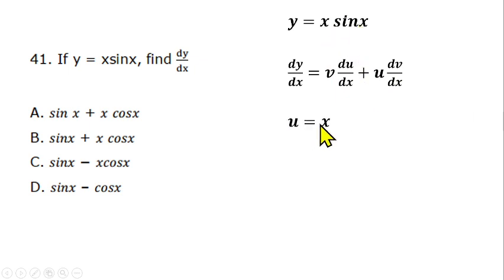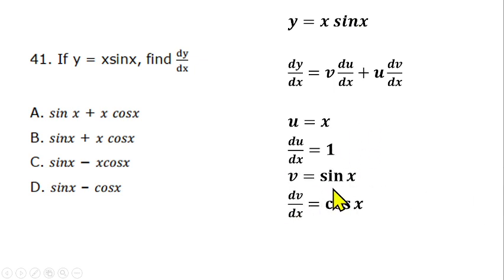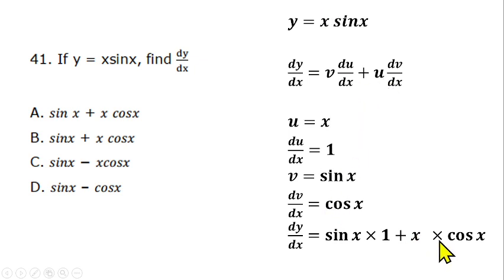If x is u, then du/dx will give us 1. If our v is sin x, then if you differentiate sin x, what would that give us? That gives us cos x. Then if you put that into the product rule, we have dy/dx equal to our v, which is sin x, times du/dx, which is 1, plus our u, which is x, times dv/dx, which is cos x.